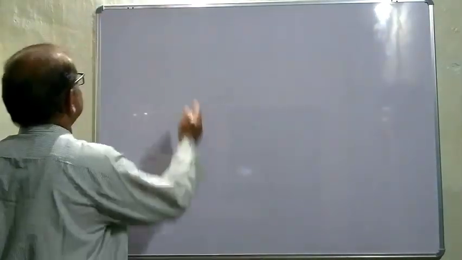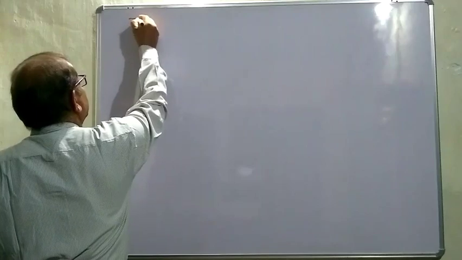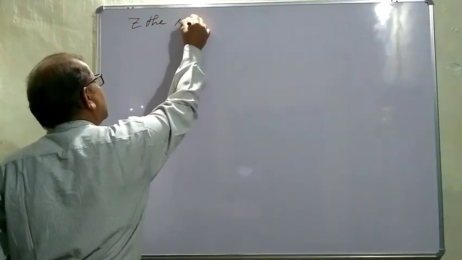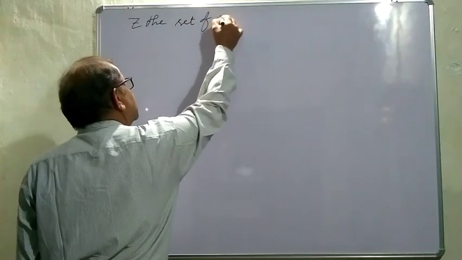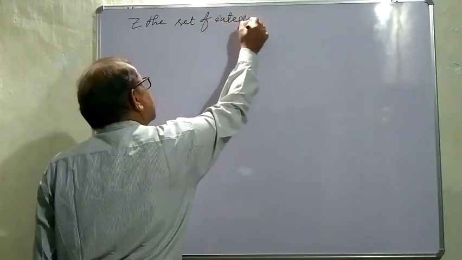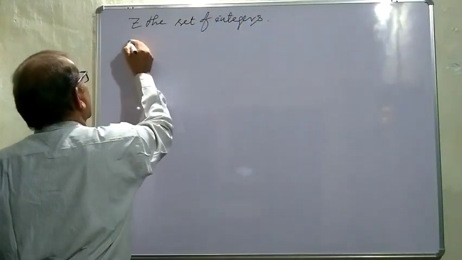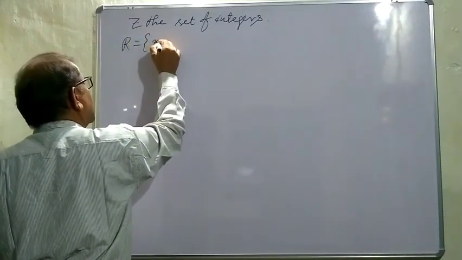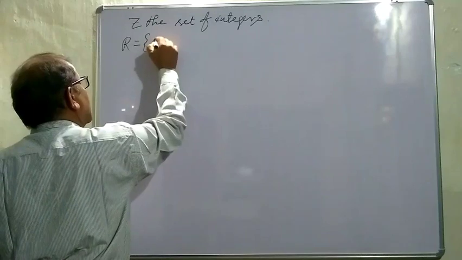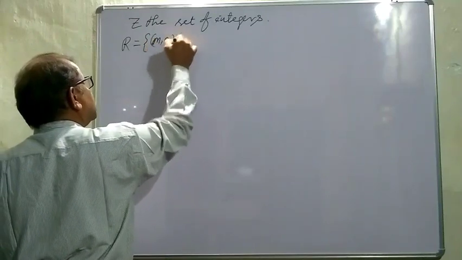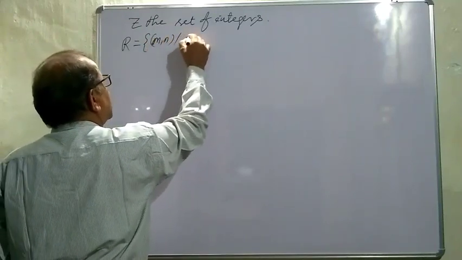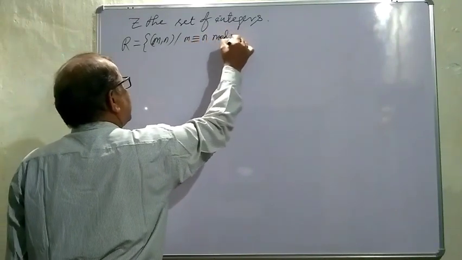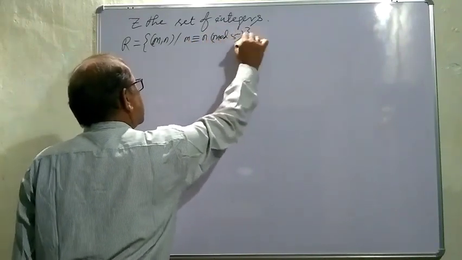Z was the set of integers, and R was the relation of pairs (m, n) such that m is congruent to n mod 5, which we have taken.